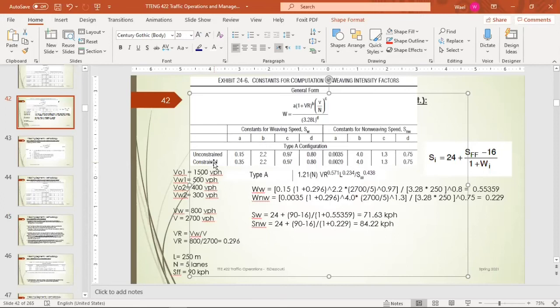It means they calculate the number of lanes needed for weaving for each type of weaving, and based on this, if the number of lanes is greater than the limit, then it's constrained. If it's less than the maximum, then it's unconstrained. Got it?